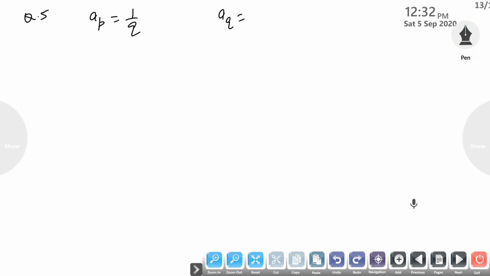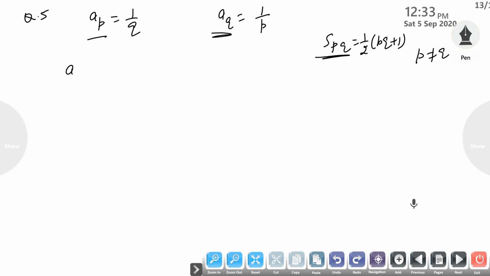Prove that the sum of first pq terms, s pq, is equal to 1 by 2 into pq plus 1, where p does not equal q. We have given the pth term and the qth term, and we have to find the value of s pq. First of all, we find the pth term.